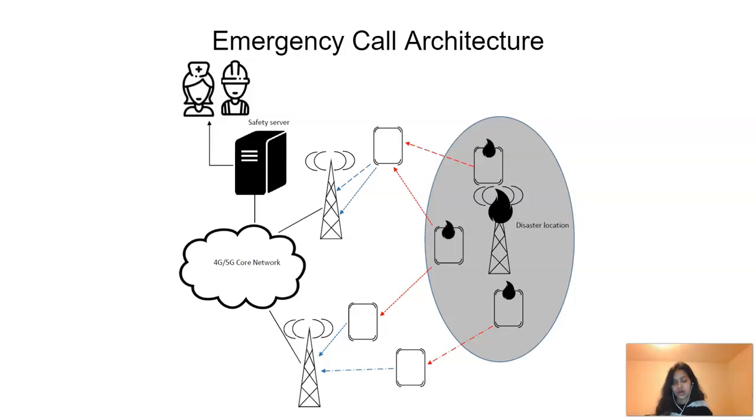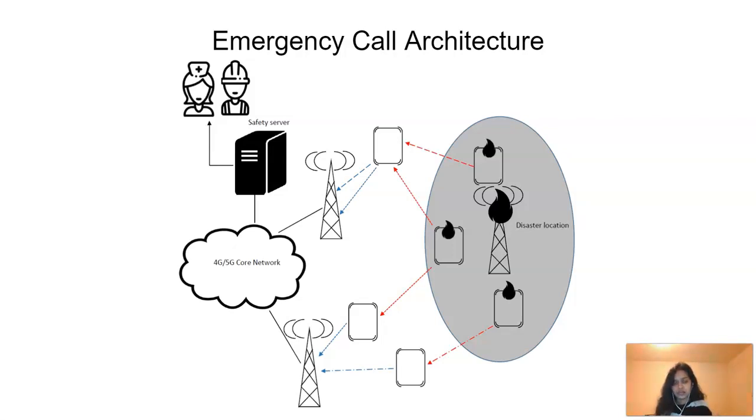The users who were previously under the coverage of the destroyed base stations have now lost the connection to the network infrastructure, and due to the disaster they want to connect to the network infrastructure to transfer emergency calls to the public safety services.